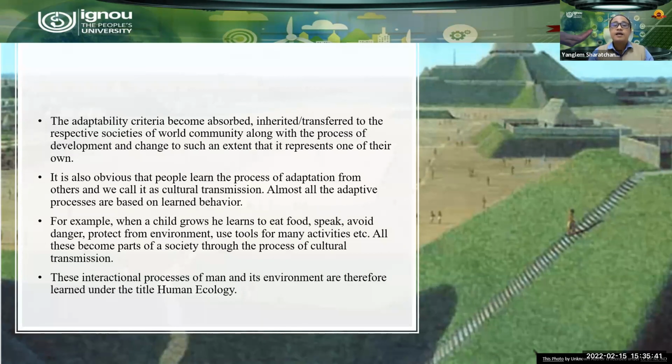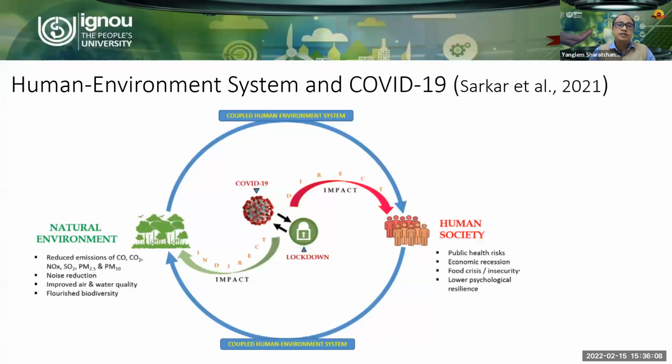So people learn the process of adaptation from others, and we call it cultural transmission, right? Now, what we can conclude is that this interactional process of man and its environment is through the process of adaptation, and the study of such interactional patterns is called human ecology.